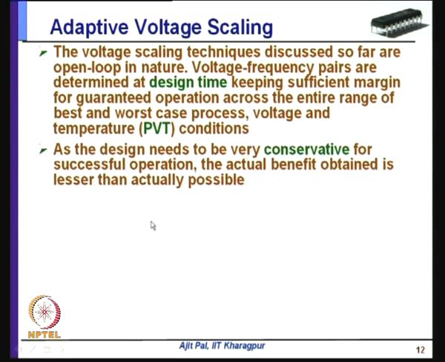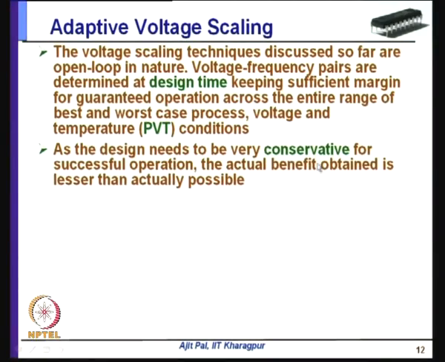Now, coming to adaptive voltage scaling. The voltage scaling techniques discussed so far, that means static voltage scaling, multi-level voltage scaling and dynamic voltage scaling, were open loop in nature. That means voltage frequency pairs are determined at design time, keeping sufficient margin for guaranteed operation across the entire range of best and worst case process, voltage and temperature variations.